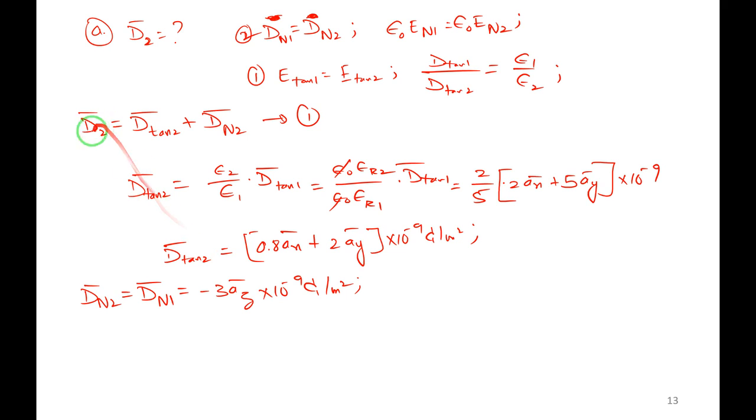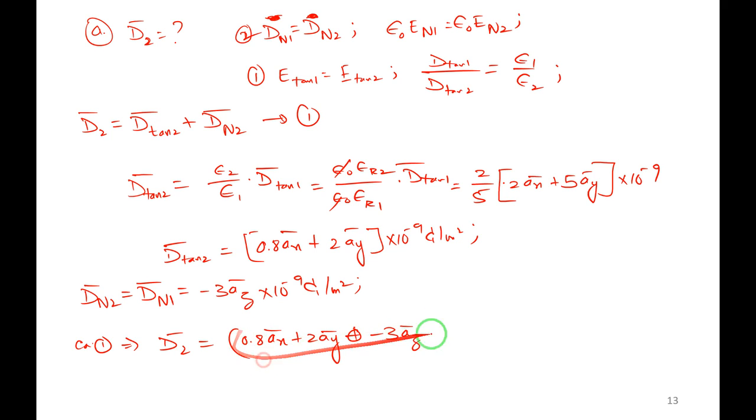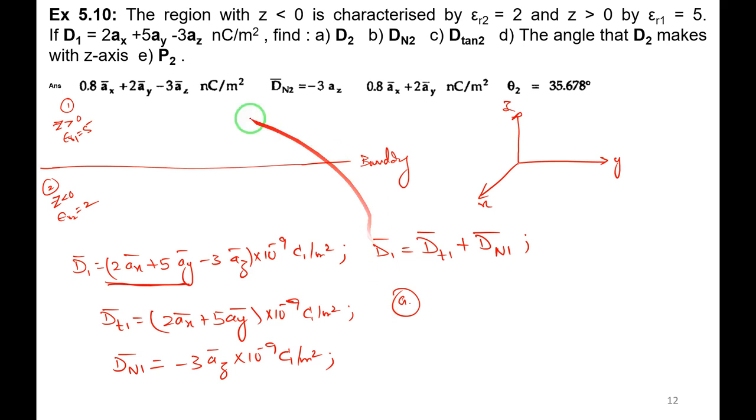So from equation 1, the D2 vector is equal to D tan 2, which is 0.8ax plus 2ay, plus minus 3az, into 10 power minus 9 coulomb per meter square. Is it fine? So let me verify. This is over.